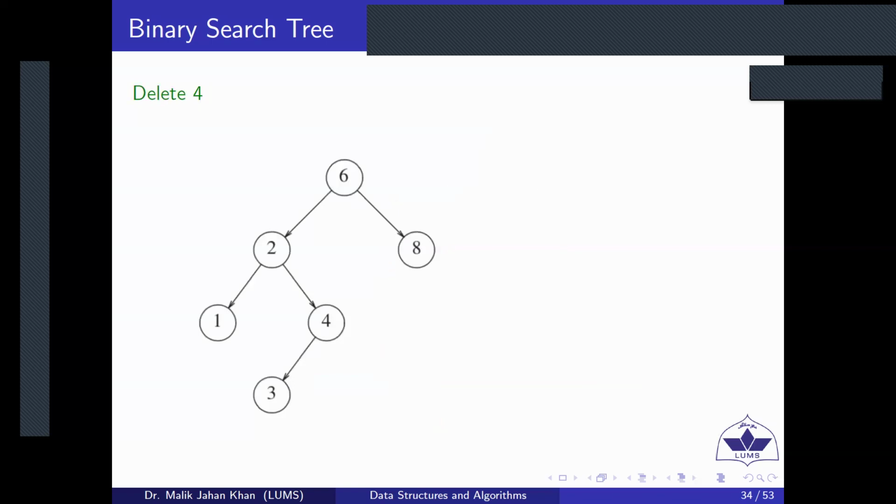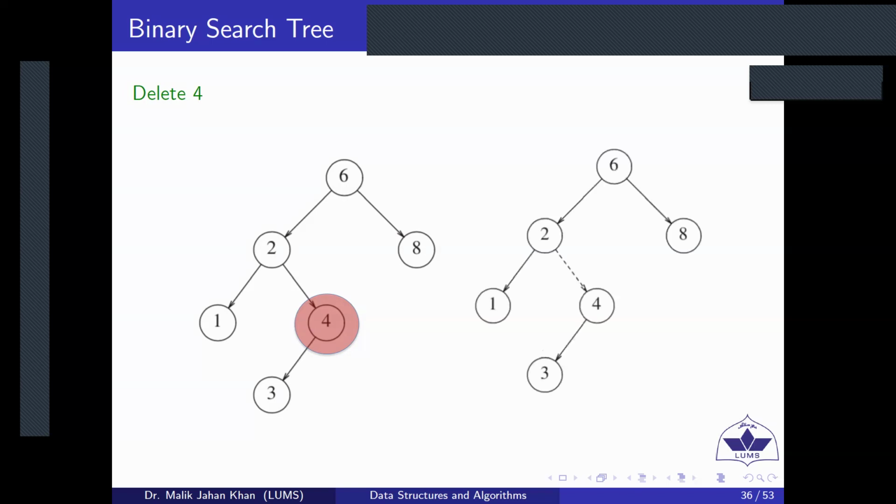So let's try to delete 4 out of this tree. The first thing is that we locate 4, where 4 is inside the tree. Now we try to find the largest element in the left subtree. The left subtree of 4 contains only one node, and that node is going to be the largest node of the left subtree.